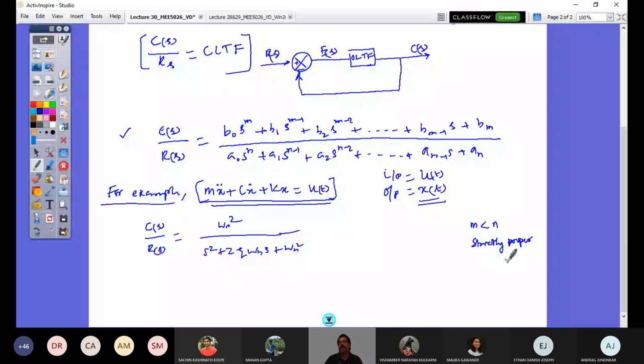This is case 2. If I have m less than or equal to n, that means it can also be equal to n. The order of this polynomial, this is a polynomial equation, right? If the order n is equal to m, then it is called a proper transfer function. Whereas if m is less, then it is called a strictly proper transfer function.